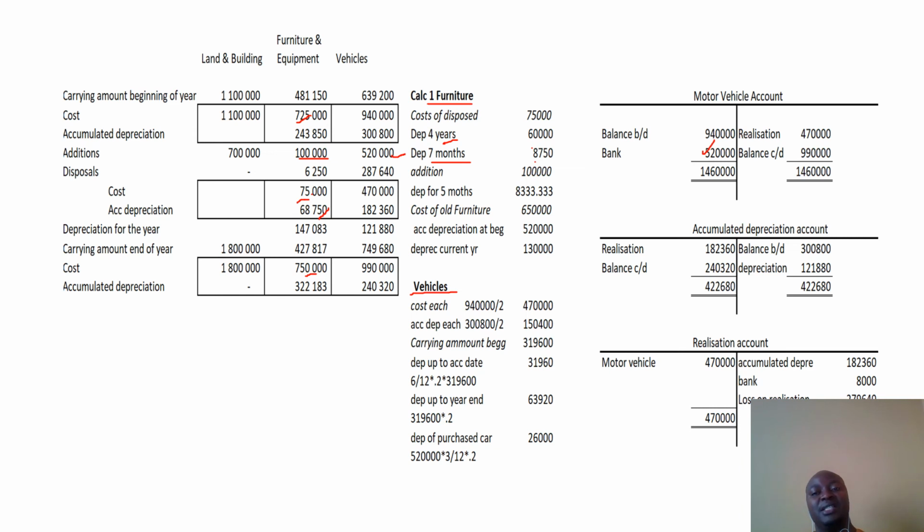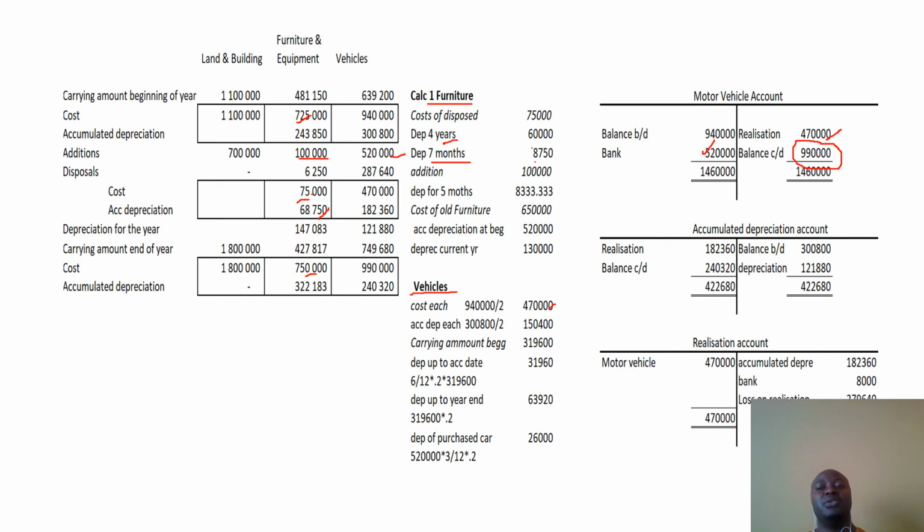So basically scrapping, we use the same concept, scrapping and selling, or disposing, right? So this vehicle was worth 470,000. So you put the cost of the asset, isn't it? The cost, right? And then you determine your balance at the end of the period, which is a balance c/d.